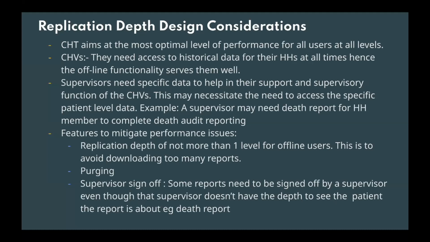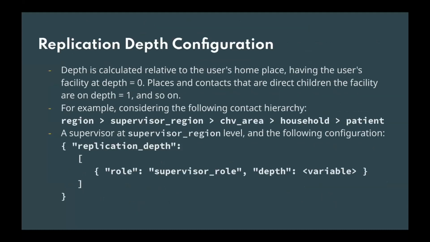So yes, a supervisor is needed to confirm this death report, but in their hierarchy, they are not seeing the person that the data instance is about. This is where this feature comes in, to make sure that this supervisor is allowed to see that specific report that they need to use for their supervision purposes. So that's all about the features that we have developed to mitigate the performance issues.